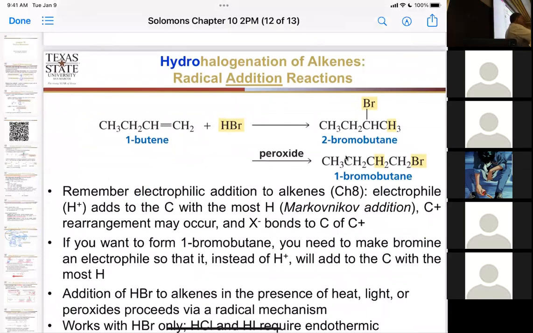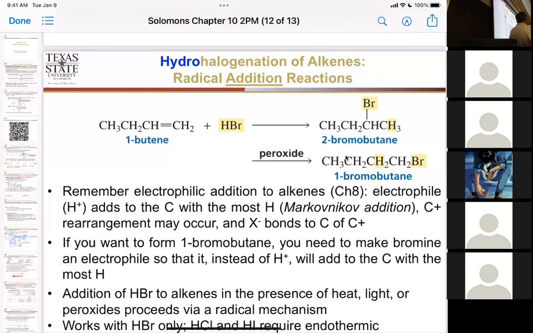Radicals can only do a hydrogen abstraction and add across a double bond. When we added HBr to our alkene, and we just used HBr, we didn't have any radical generators, what kind of product do we get? We got the Markovnikov products. The hydrogen was always going to go on the more hydrogenated side, the less substituted side.